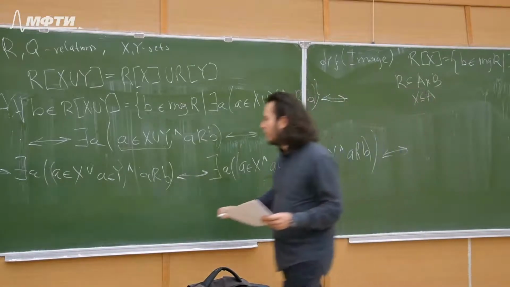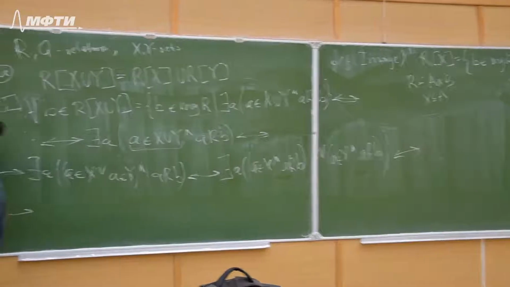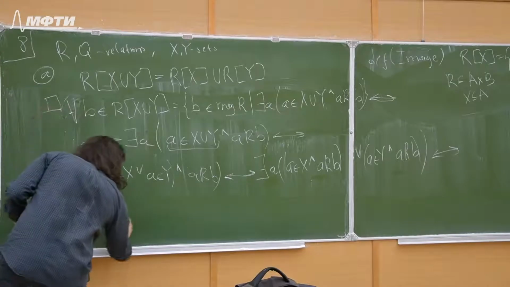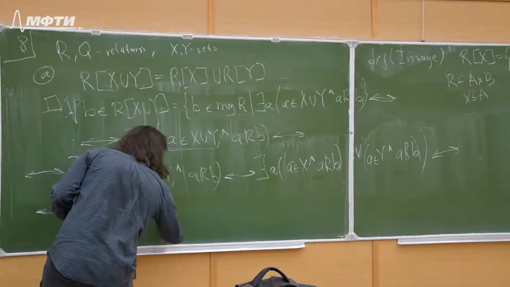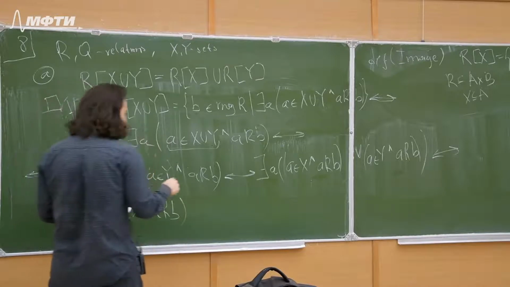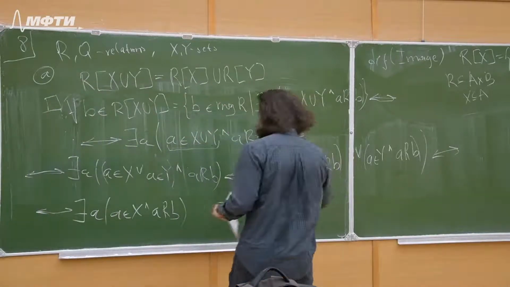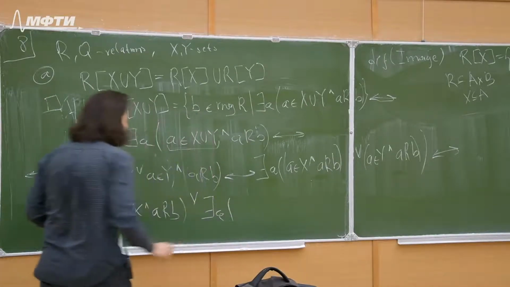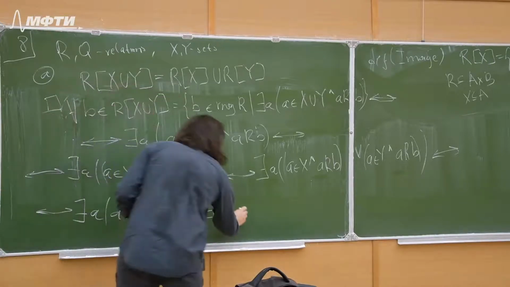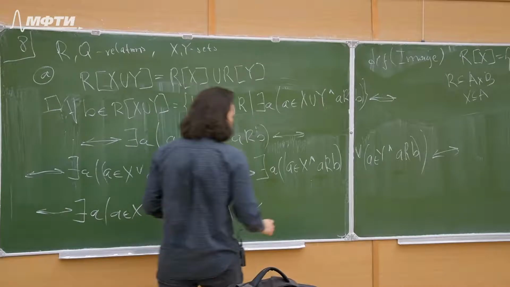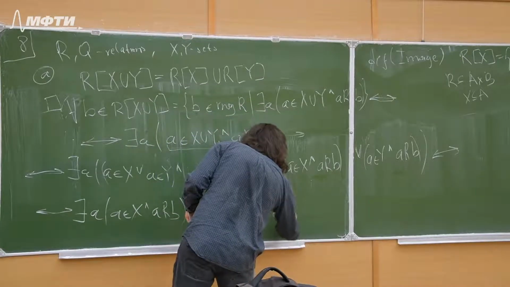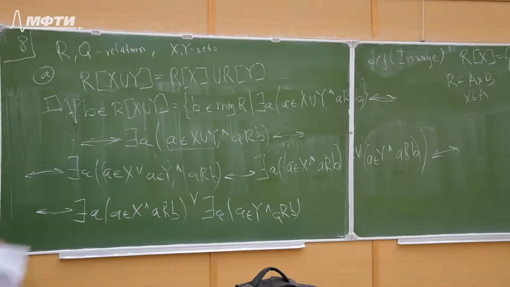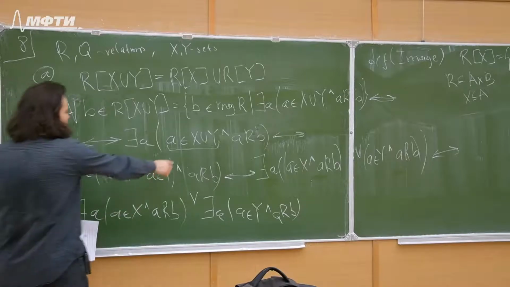So if and only if, for the first case there exists A such that A is in X and A R B, or there exists A such that A is in Y and A R B. We're almost done here. So we have this, and this really looks like this one here, right?